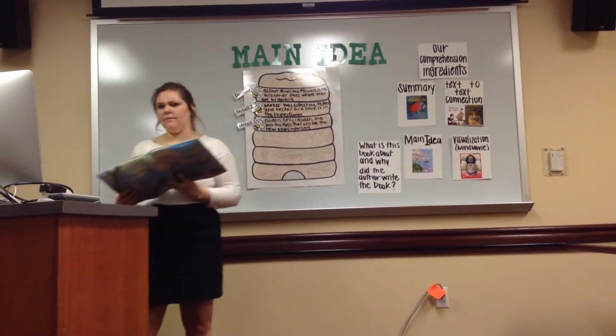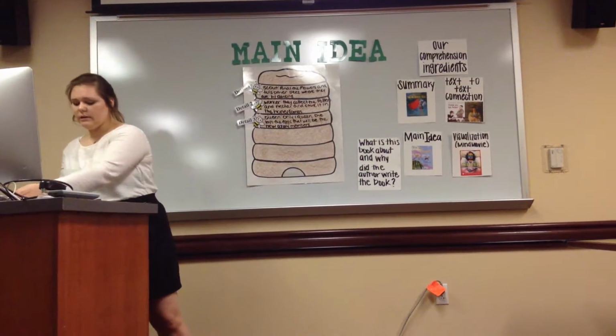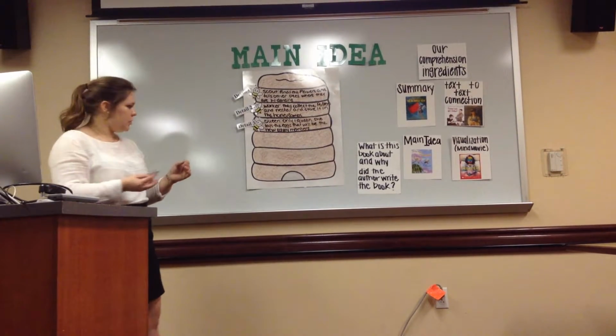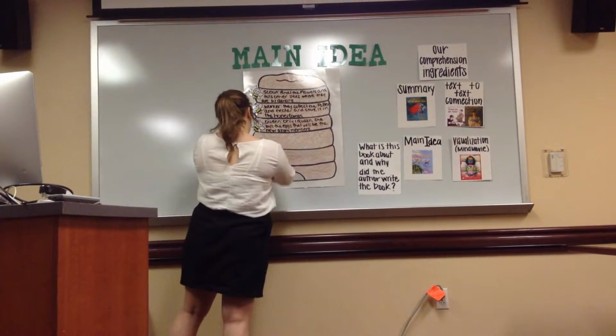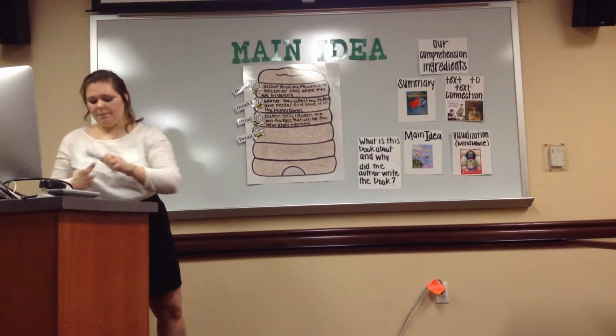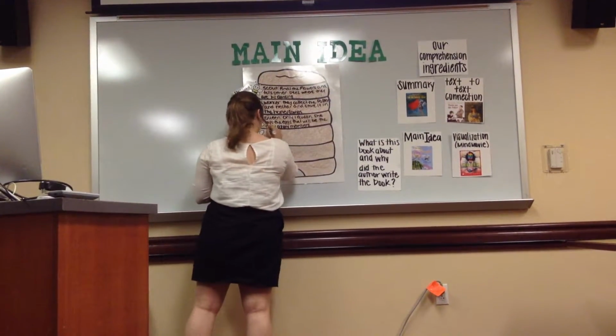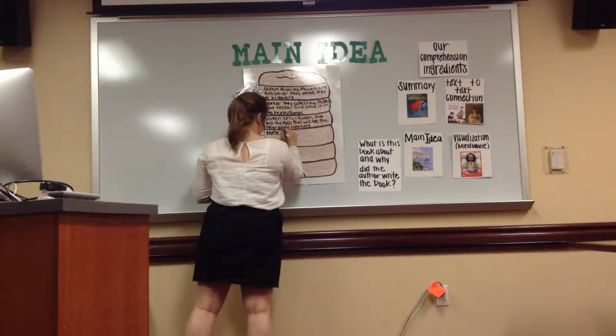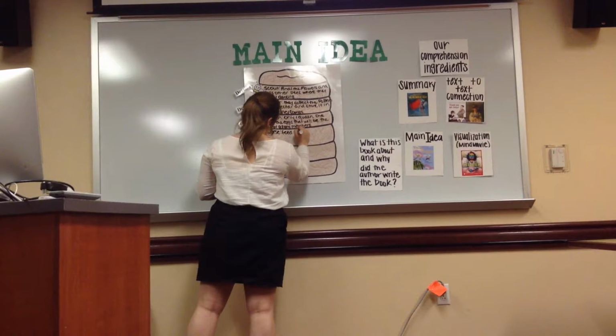Boys and girls, that's a lot of times, and I think that's an important detail that we need to put on our chart. So detail number 4, and there's our honeybee. And we're going to say that nurse bees feed the larva.